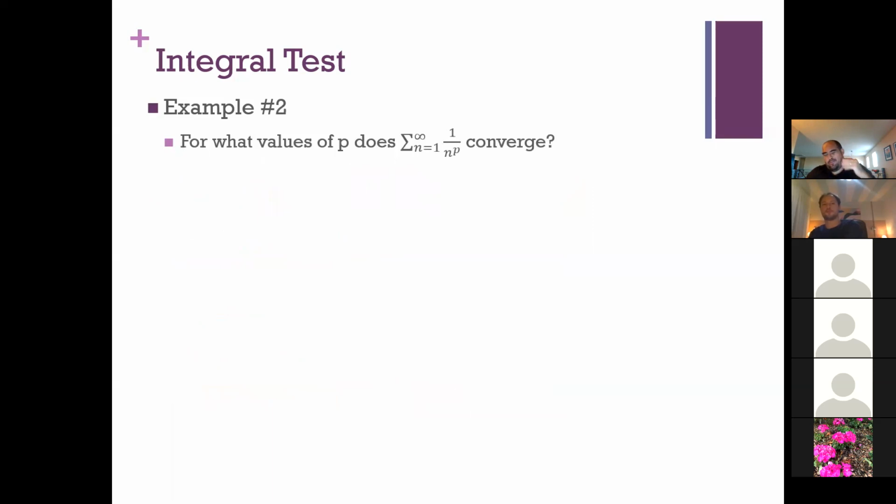And this one here may or may not be obvious, but it's a question I've asked you before. For what values of p does this thing converge? So based on the integral test, is there something I can replace this series with that we can investigate instead?